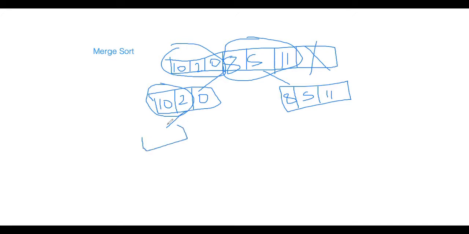Let's suppose I'm dividing this way. So we will have 10 and 2, and then we will have a single 0. Similarly here, we will have 8, 5, and 11.